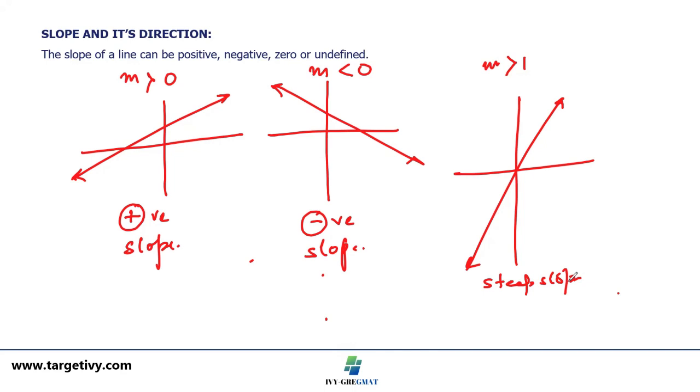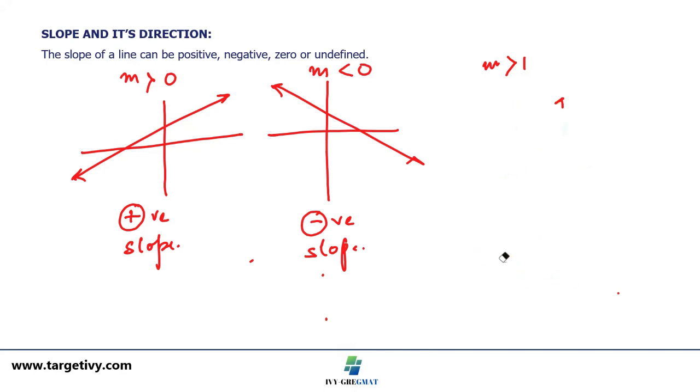It can be a fourth type. Let's see how it is. Say y is equal to m times x plus b.